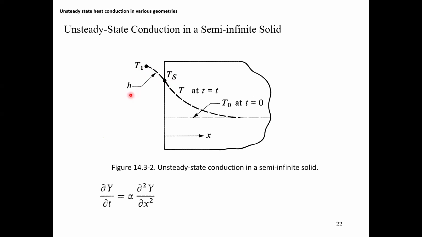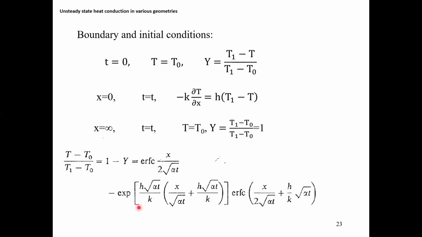In a practical scenario, it cannot be so high that it can be neglected, so compared to your surroundings there will be a temperature drop at this boundary. We start with our general equation for unsteady state heat conduction.